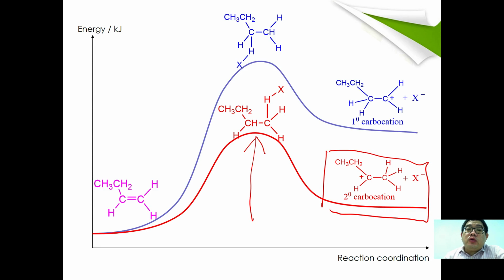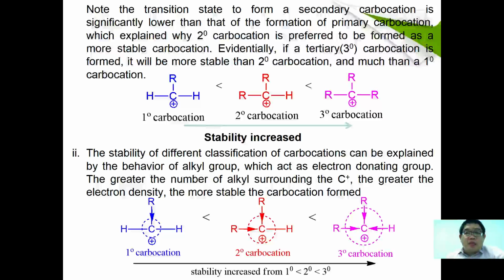It comes as no surprise that a tertiary carbocation is the most stable. The transition state to form a secondary carbocation is significantly lower than the formation of a primary carbocation, which explains why a secondary carbocation is preferred in this case. Evidently, a tertiary carbocation would be more stable than the secondary carbocation.